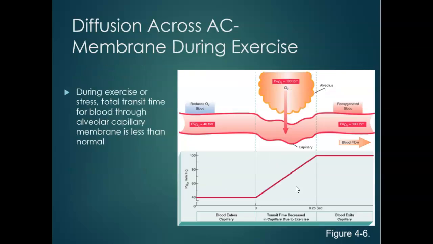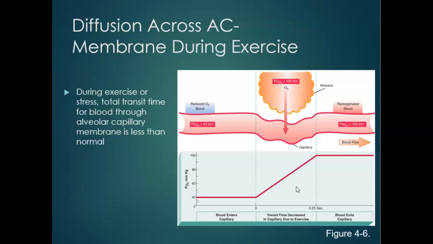Okay. But during things like exercise or stress, our blood might start moving through that capillary bed at a faster rate. That's why we try to breathe faster, and our heart rate increases when we're exercising, but also the perfusion to the lungs is going to increase.